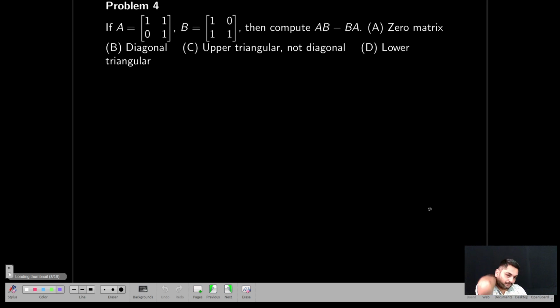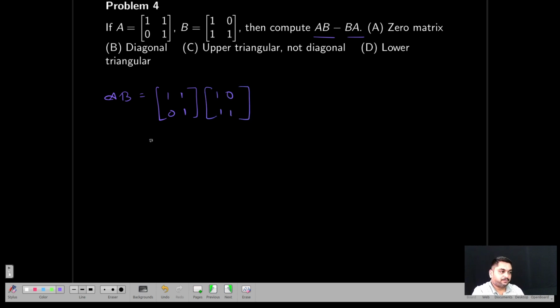Next. If A is [1 1; 0 1] and B is [1 0; 1 1], then compute AB minus BA. When we learn orthogonal and normal matrices, different types, then we can solve using those concepts also, but here you can just find the product. So AB is [1 1; 0 1] times [1 0; 1 1].